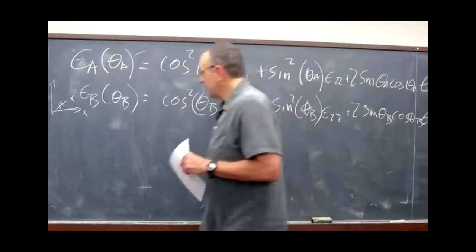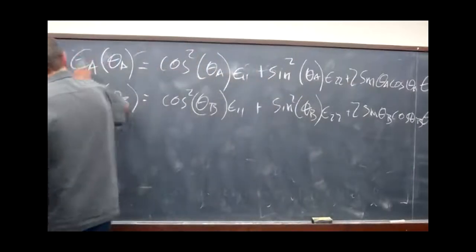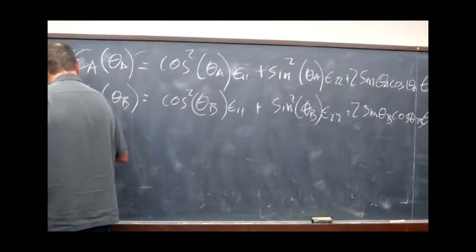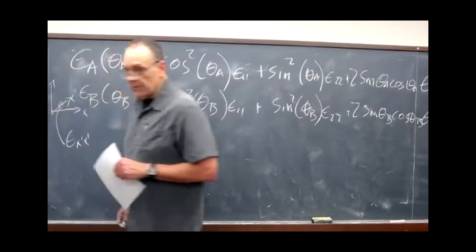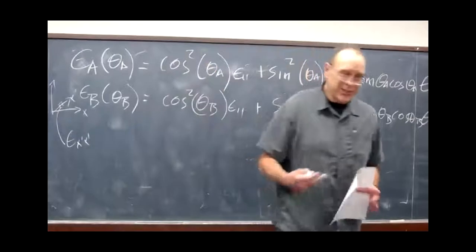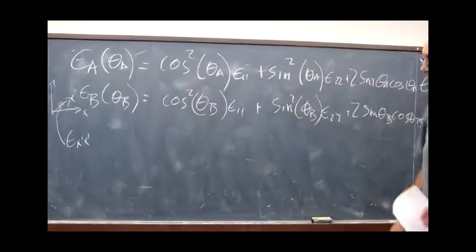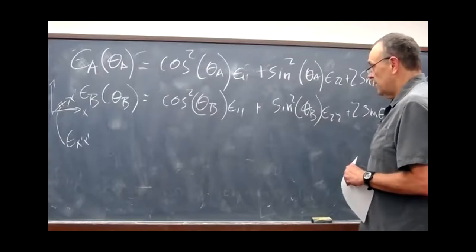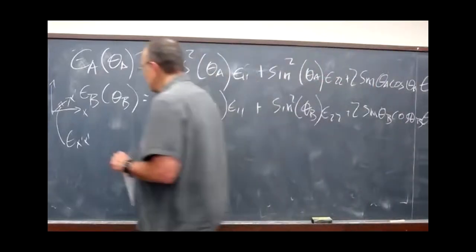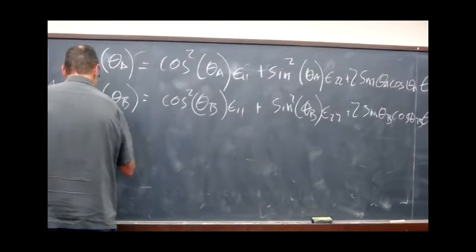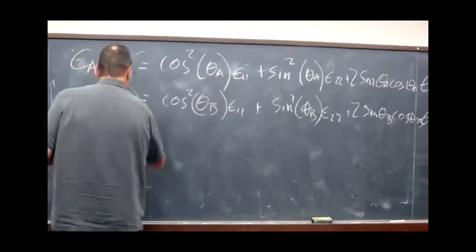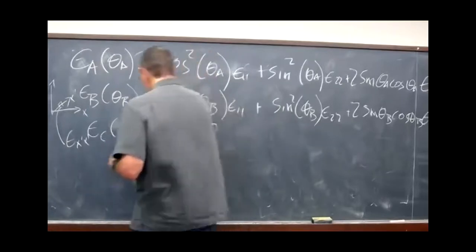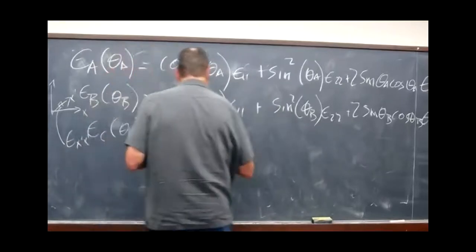Yes, so in this coordinate system, I'm just getting back to that. This is epsilon x prime. I may have said it incorrectly. So always, there are really two indices on a strain. Finally, epsilon c of theta c.